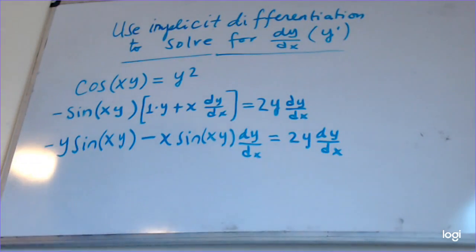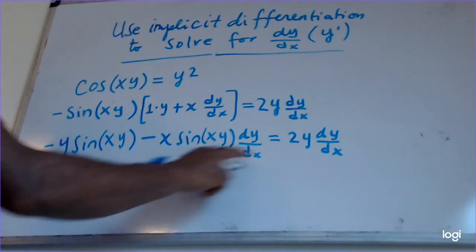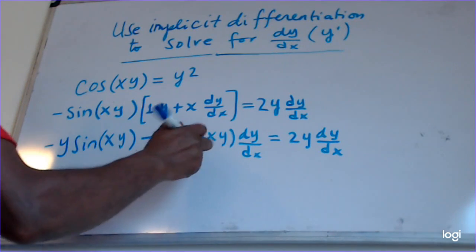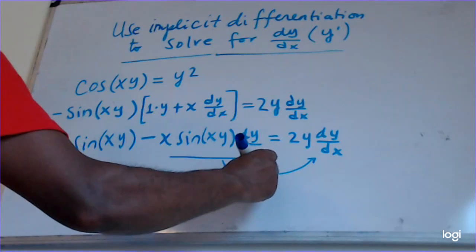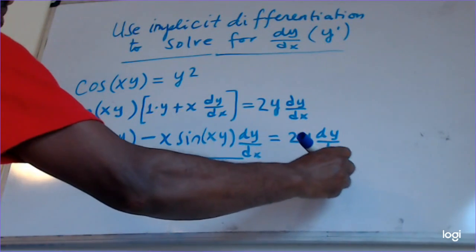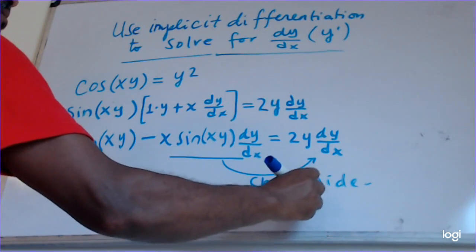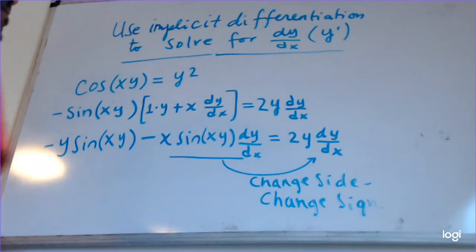Okay. So I have one term that doesn't have dy/dx, and two terms that have dy/dx. I think it's much easier to take this term to this side, and we use change side, change sign. When you change side, change sign.